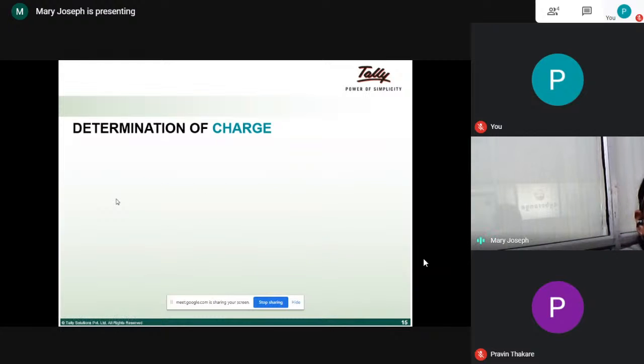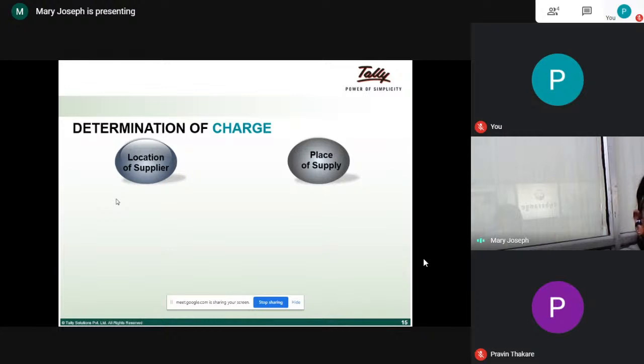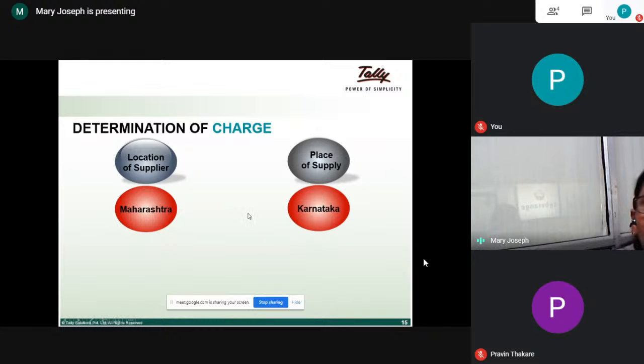Next, determination of charges, location of supplier and place of supply. Location of supplier is Maharashtra. Place of supply is Karnataka. Two different states.